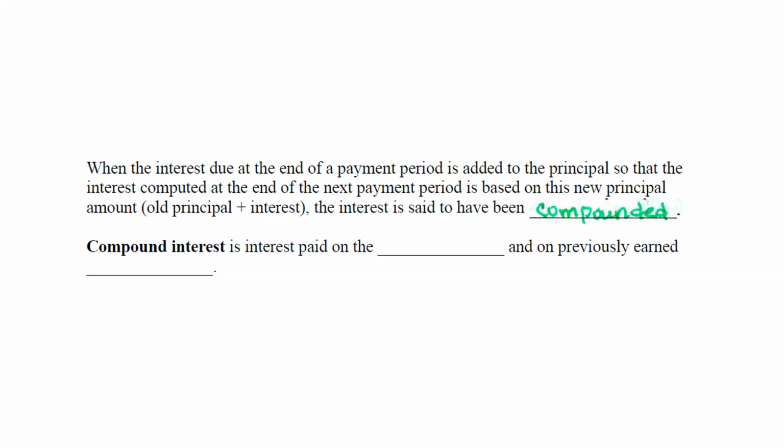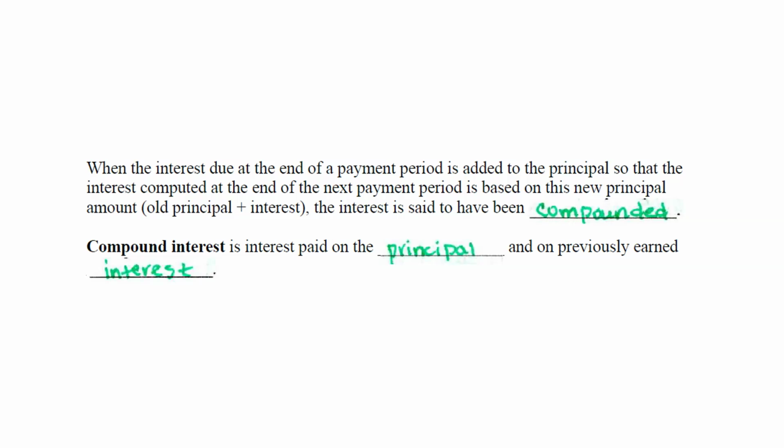Now, compound interest is interest paid on the principal and on previously earned interest. Okay. So the power of compounding is important because this is why starting to save money early makes such a huge difference, because your interest earns interest, which is creating exponential growth.